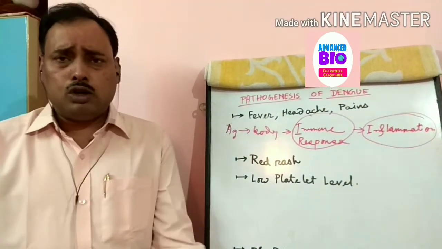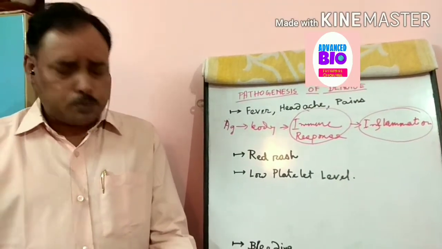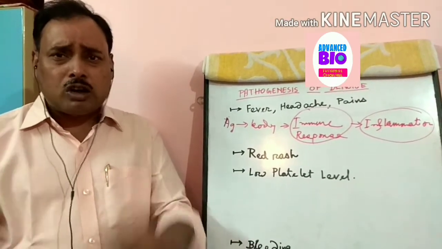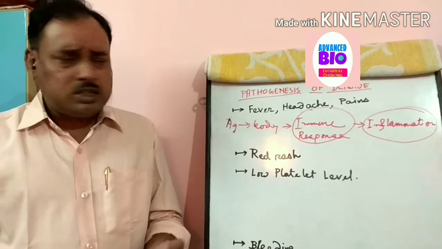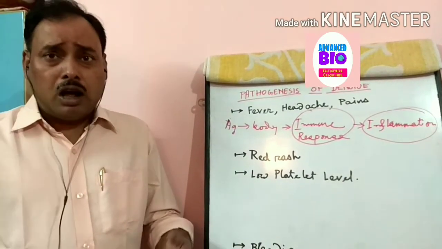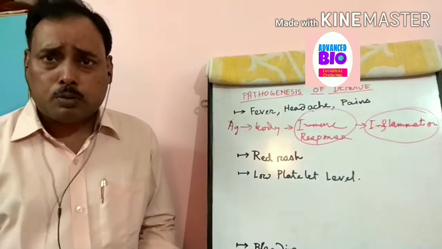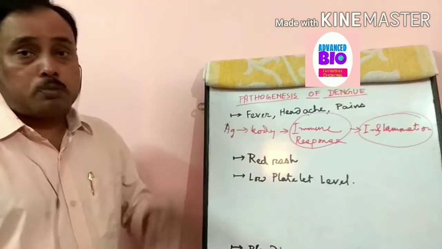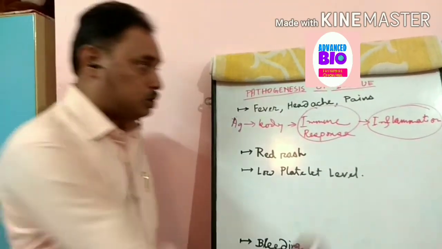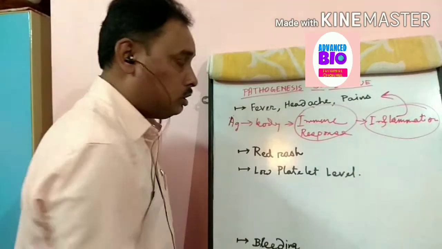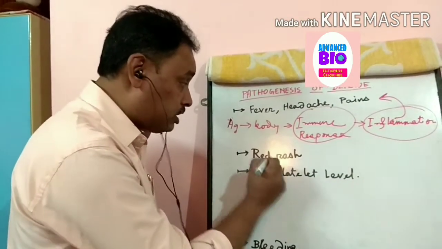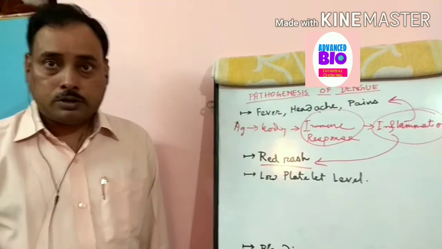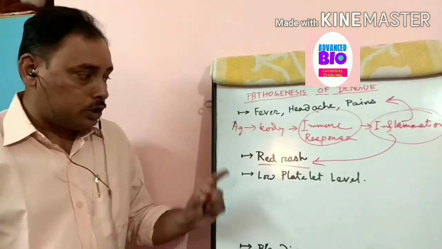Inflammation means one kind of immune system which is responsible for the generation of reddish or itching or sneezing. These are the inflammation or rising of temperature, body temperature, etc. So these symptoms are due to this inflammation. This one is due to the inflammation, and this reddishness is also due to the inflammatory activities. Now it is clear to you.